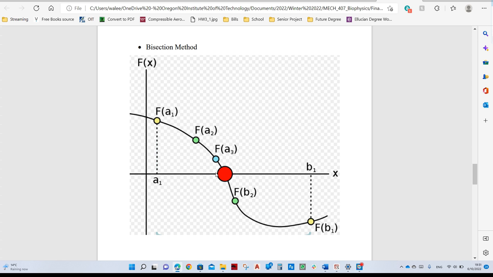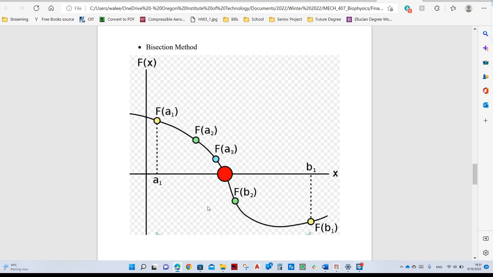Then you have to select values with opposite signs for the x values. So for example, here we would have b1 as a negative value, and the average would be a positive value. So we would use a3 and b1 in this example, because, well, actually it would be b2. Yeah, b2 in this example, and a1, because they're opposite in sign. This means that there is a root somewhere in between these two x values.